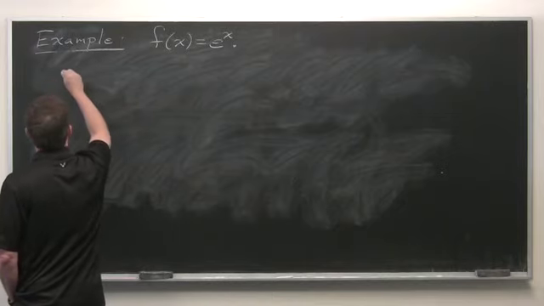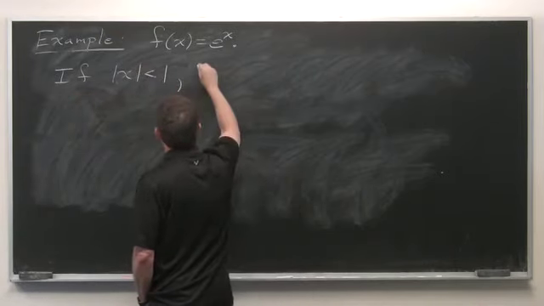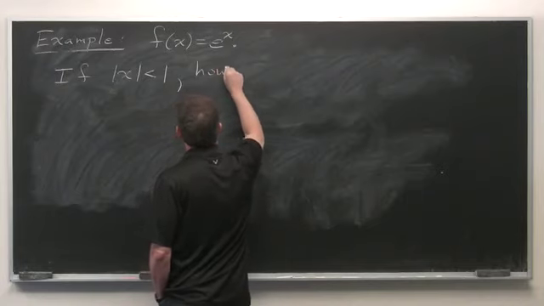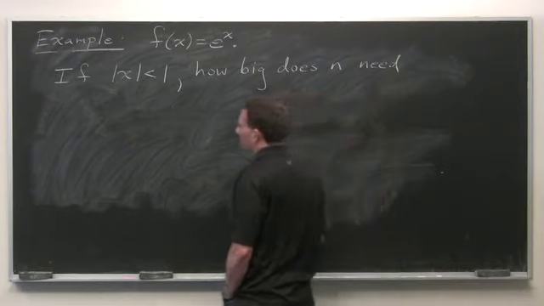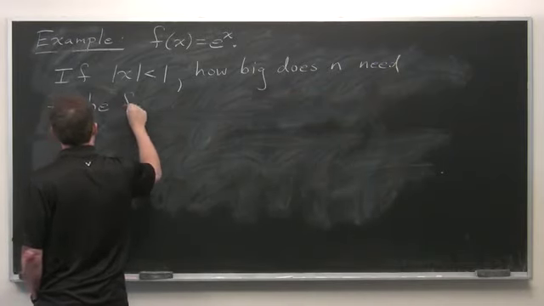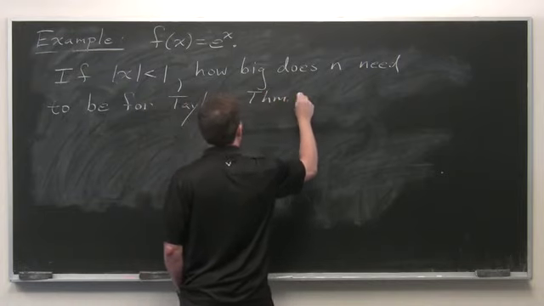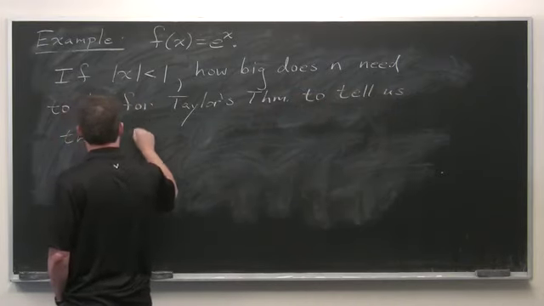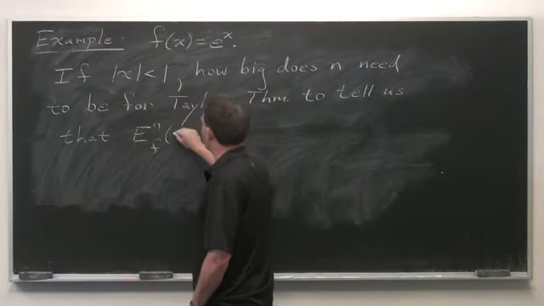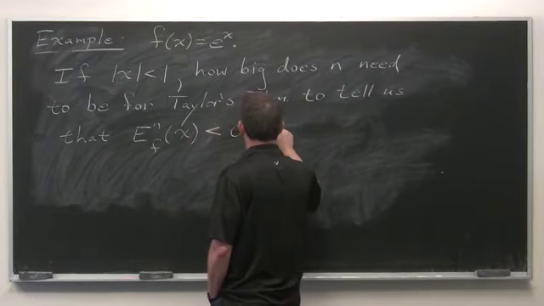So our question now is, if we know the absolute value of x is less than 1, so x is somewhere between minus 1 and 1, how big does n need to be for Taylor's theorem to tell us that the nth order error term, and again we're going to center at 0, so I won't write the a, is less than 1,000th.